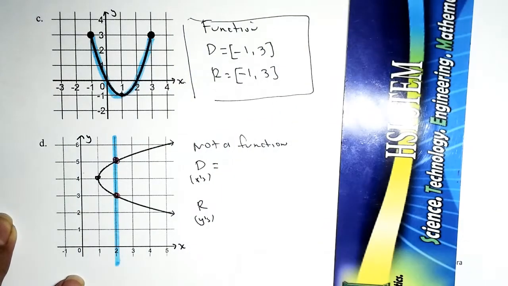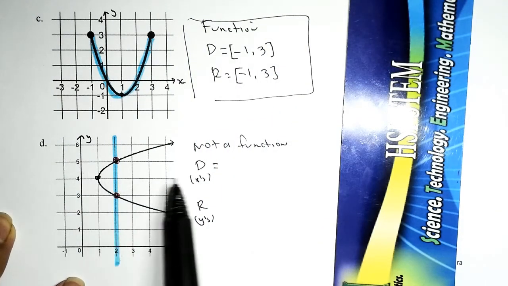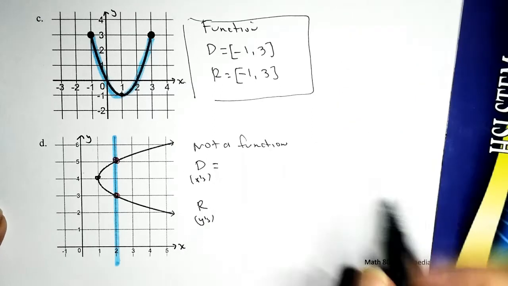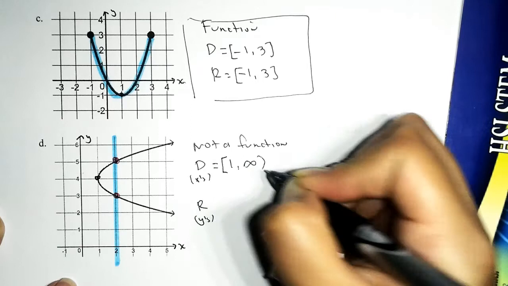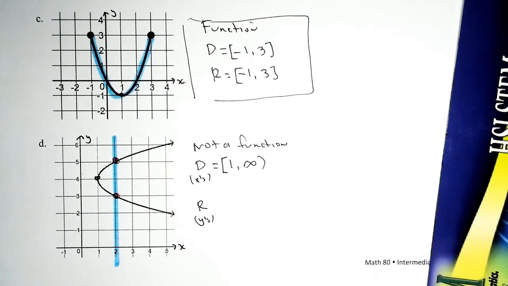So we're starting at x equals 1 and going in the positive direction. So it's going to be from 1 to infinity, where 1 is included. And again, remember, the infinities always get parentheses. They never get brackets because they don't represent a specific number.